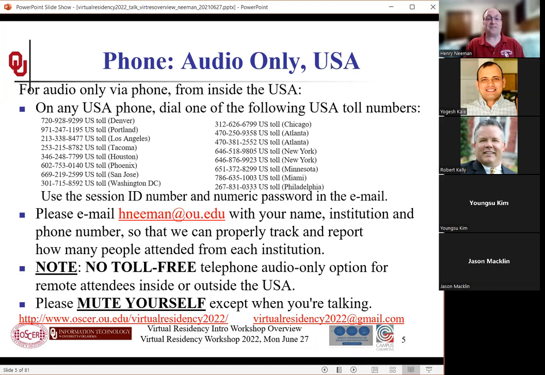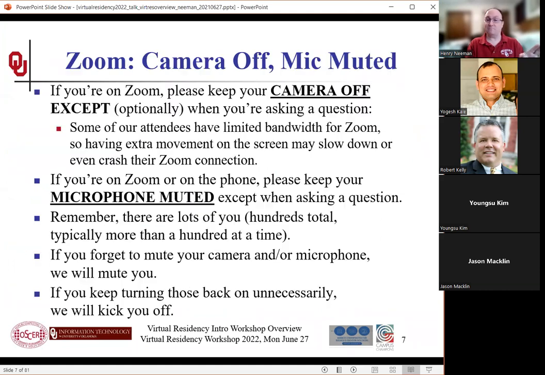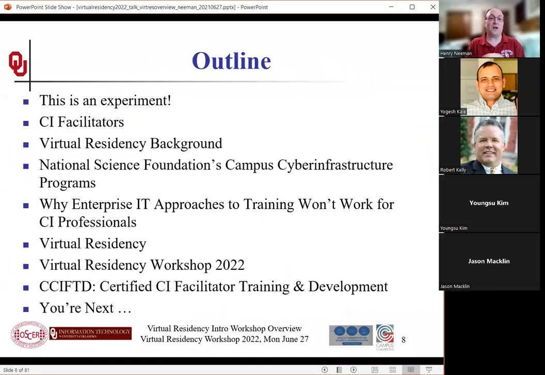If you are outside the US, there's likewise no toll-free option, but many countries have Zoom numbers available within the same country. So hopefully nobody's paying a lot of money to participate in this event. It's meant to be free, but we can only go as far as we can go. Remember, camera off, mic muted, we're good to go.